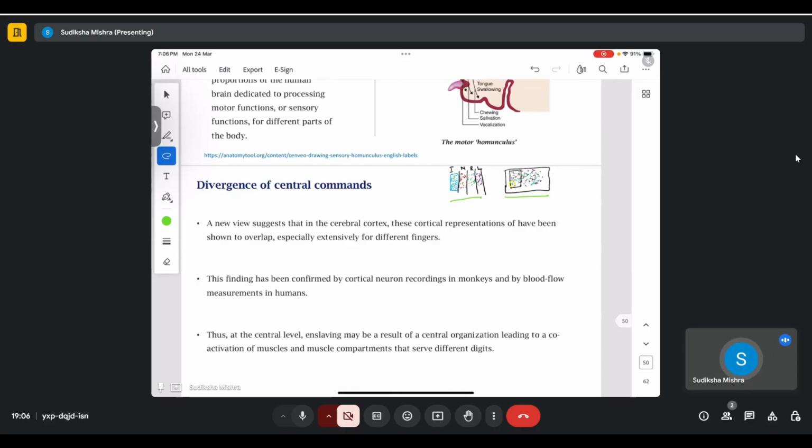Because they overlap, there is bound to be a mix-up in the signals, and therefore enslaving might occur. And this has been confirmed using some neuron recordings in monkeys, that the cortical representations overlap for different fingers.